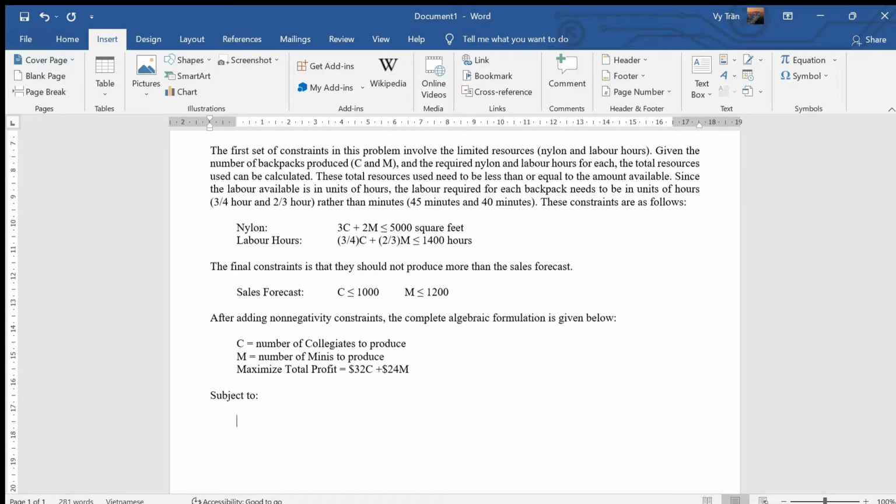Subject to the nylon 3C plus 2M less than or equal to 5,000 square feet, labor hours 3/4C plus 2/3M less than or equal to 1,400 hours. The sales forecast: 0 less than or equal to C, C less than or equal to 1,000, and 0 less than or equal to M, and M less than or equal to 1,200.